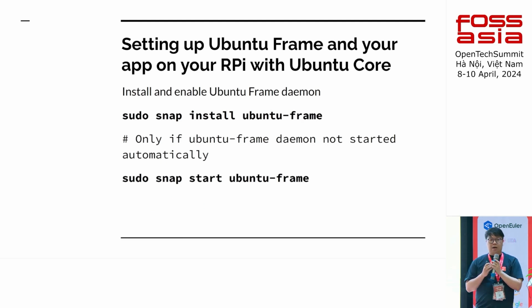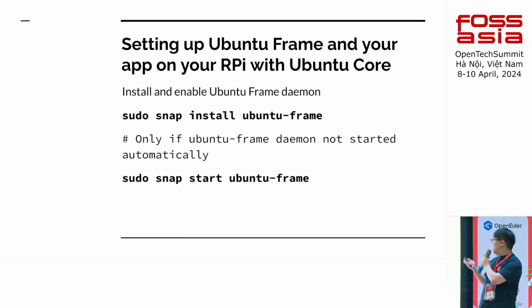Then, since I have built my Snap, now it's time to test it on the actual machine, like the Raspberry Pi used for the building kiosk. Setting up your application in Ubuntu Core is quite straightforward. If you already have Ubuntu Core installed on your Raspberry Pi, you just need to install the Ubuntu Frame Snap.